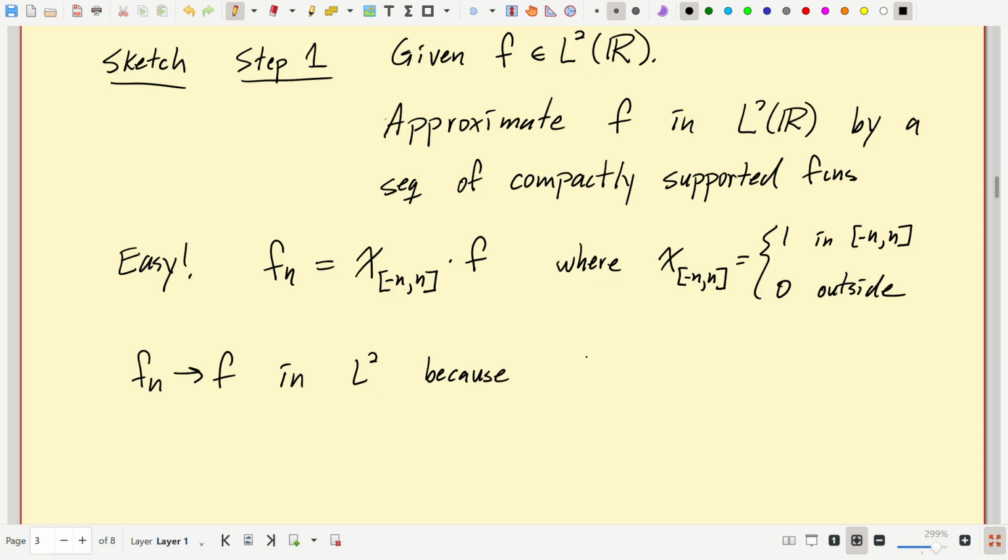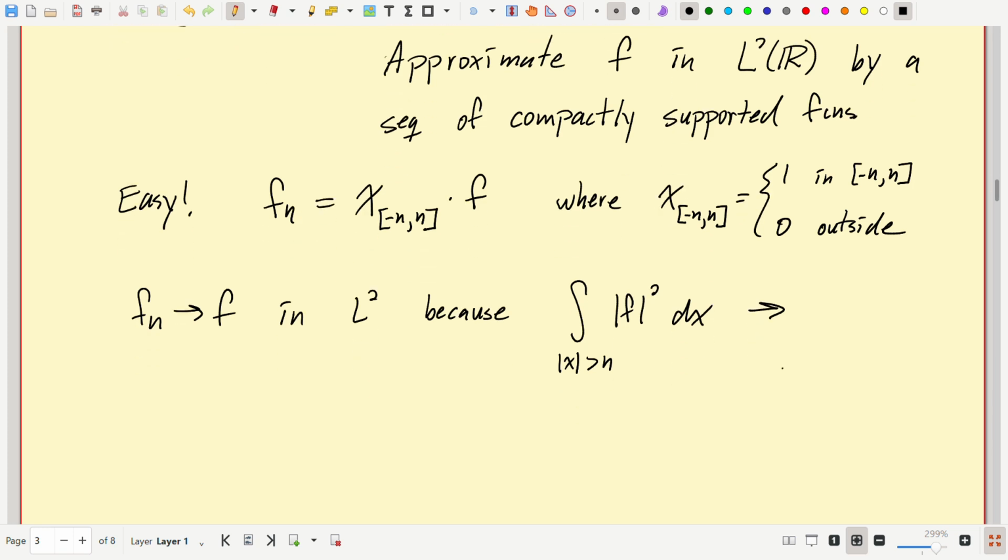Remember, we've done this: when you integrate the absolute value of x bigger than n of f squared dx, that's the tail end of a convergent improper integral, and that goes to 0 as n goes to infinity. So that's not a big deal.